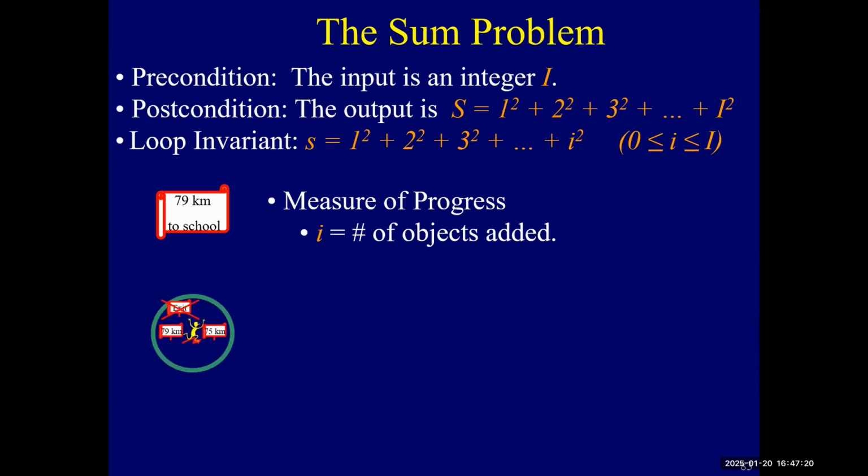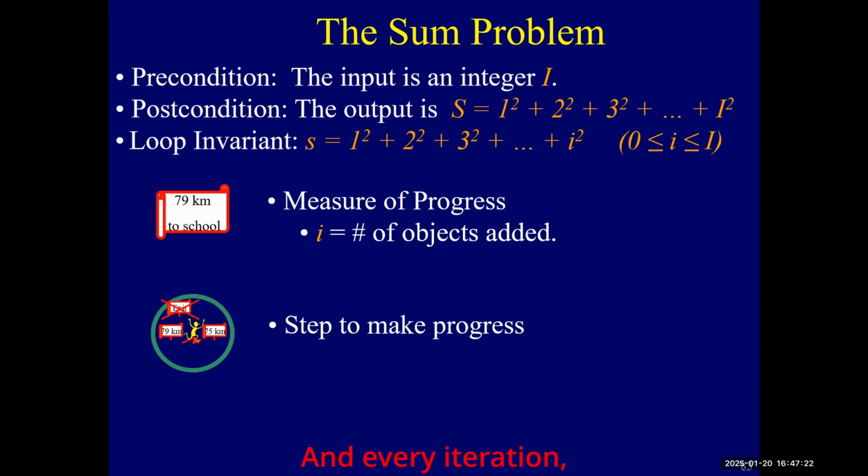And every iteration, we have to make progress, right? So this is what I'm saying: we're trying to design the code that will make progress and maintain the loop invariant. So don't worry about it all at once. Your measure of progress is I. If you want to make progress, what do you have to do?